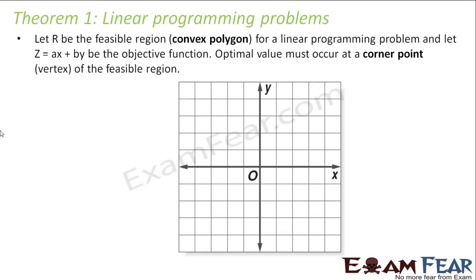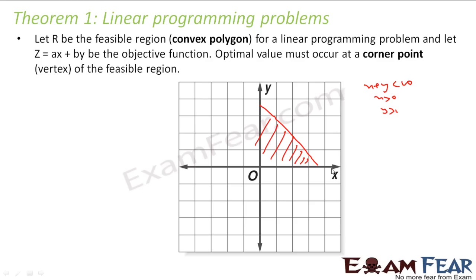Let's take one theorem. The first theorem says that if R is a feasible region of a linear programming problem, and this is a convex polygon, that means it's a bounded region. For example, in this case, I get something like this, right? As I told, x plus y is less than 10, x is greater than 0 and y is greater than 0. So I get this as my feasible region.